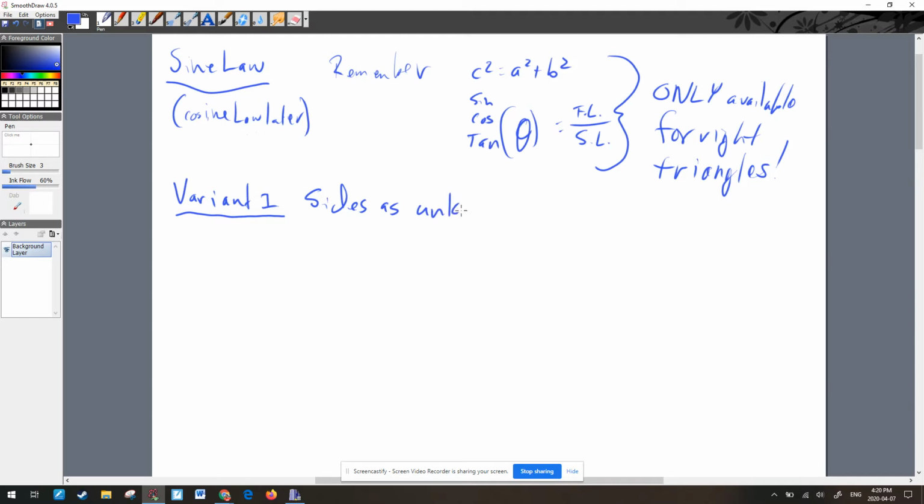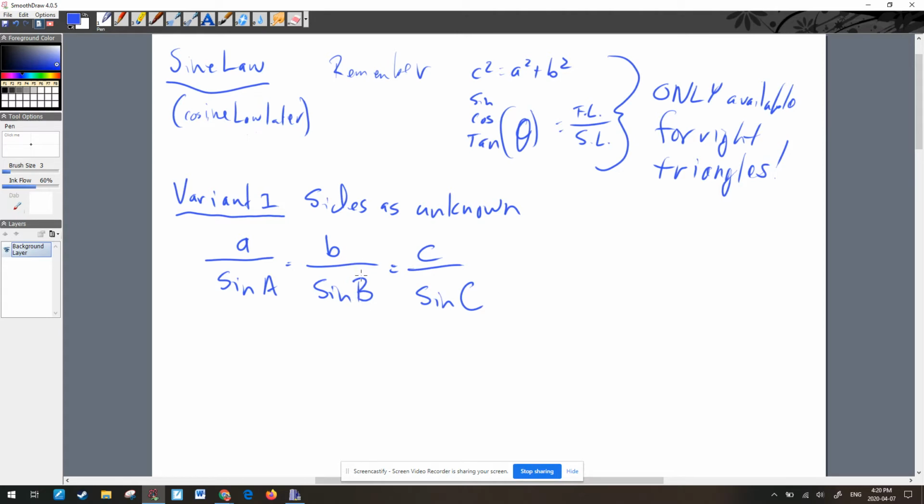So if we're looking for a side length, this is the variant that is going to be most useful to us. I'm going to write it as a over the sine of A equals b over the sine of B equals c over the sine of C. Now, notice that on the tops, the numerators, these are all lowercase, and in the denominator they are all uppercase.